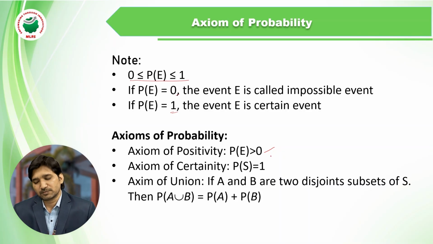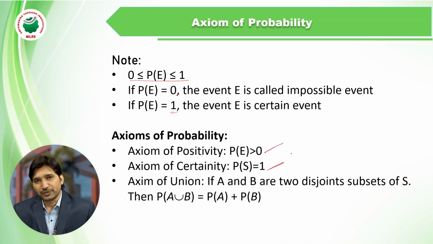First is the axiom of positivity: probability is always non-negative, so P of E greater than or equal to 0. Then the axiom of certainty: S is the sample space, so P of S equal to 1. The total probability of the sample space is 1.